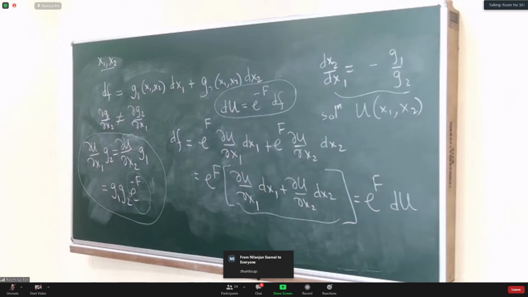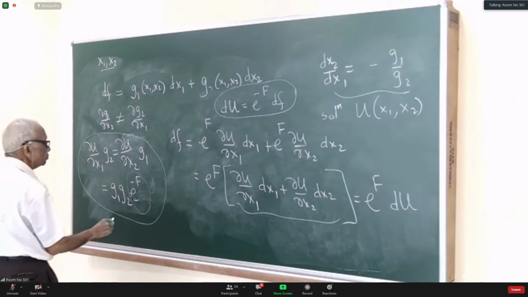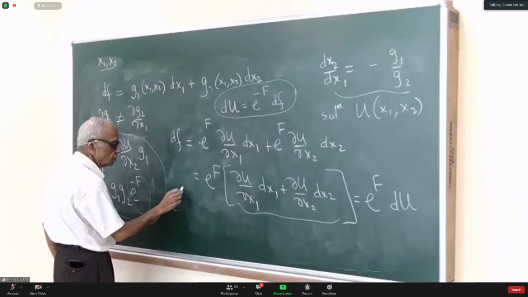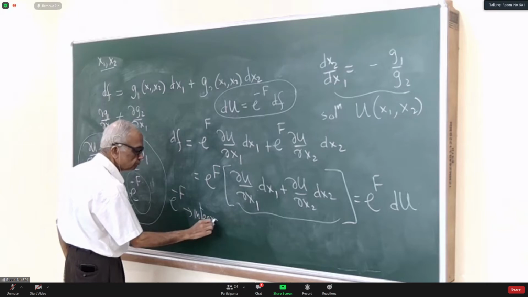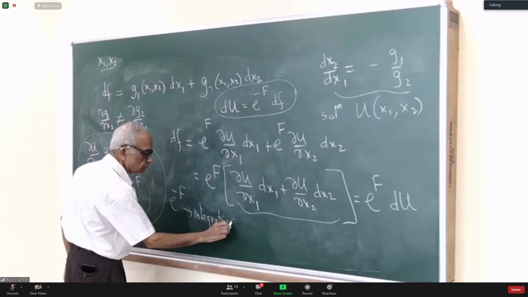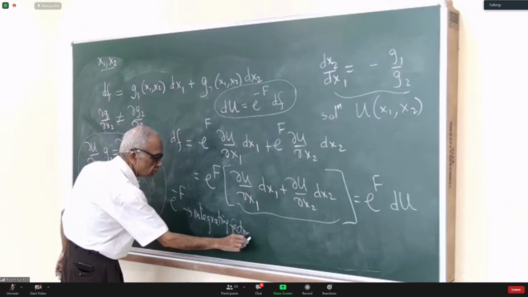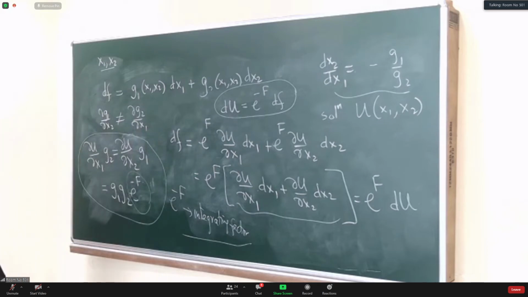So that is what you have got, and we will see that this factor, e to the power minus f, is what is called the integrating factor. So you take your df.